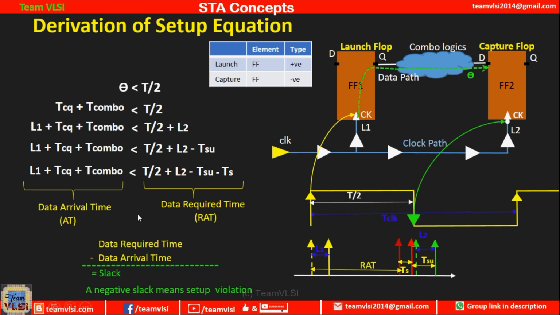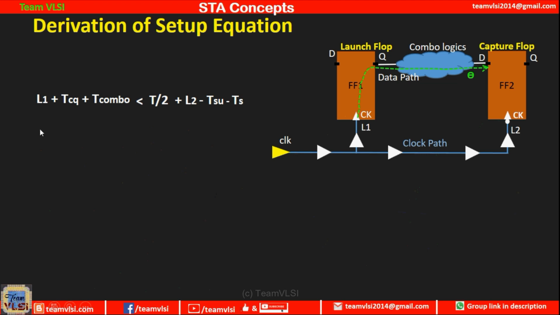So let's simplify this equation a bit more. We have seen this equation in the previous slide. What we can do further is move this L1 to the right hand side, so it becomes L2 minus L1. And what is L2 minus L1? It is the difference between the latency of the capture flop and the latency of the launch flop, and that is called our skew between these two flops, right?